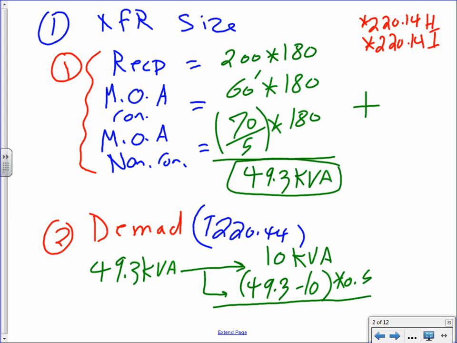And what do you do with the total? You total them, and you end up with 29.6 kVA. Do not forget to add them up, guys. That's called demanding the receptacle load. You guys have done that?